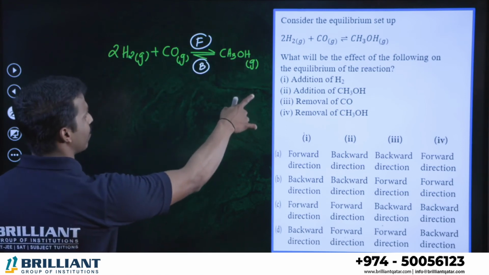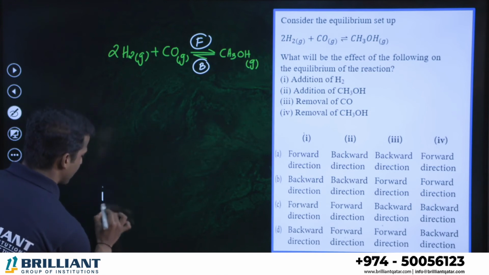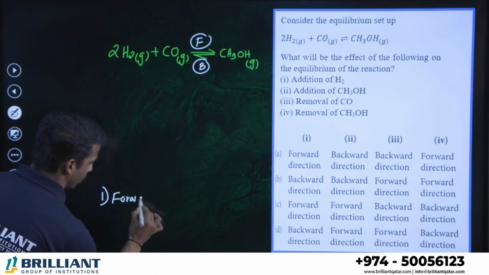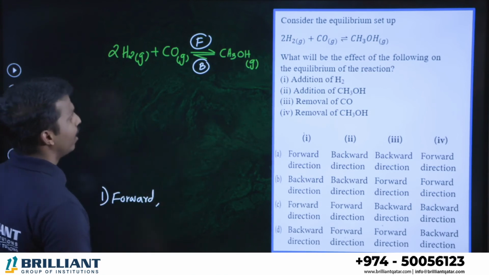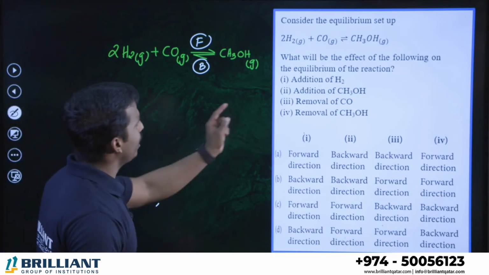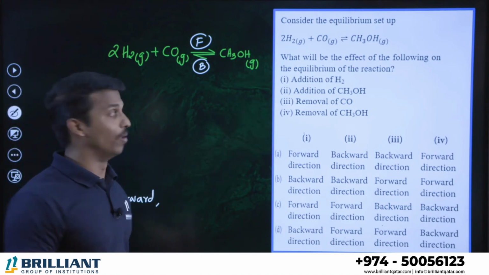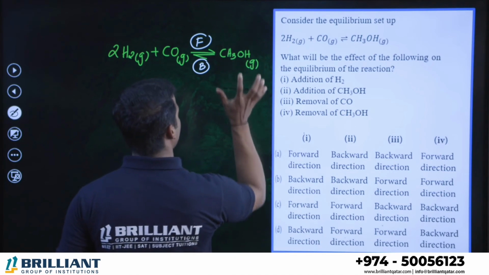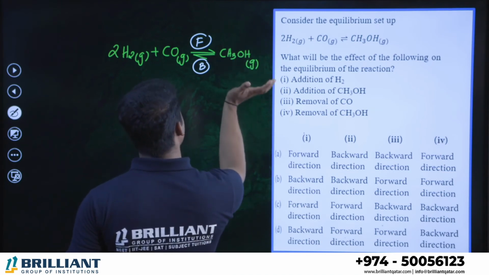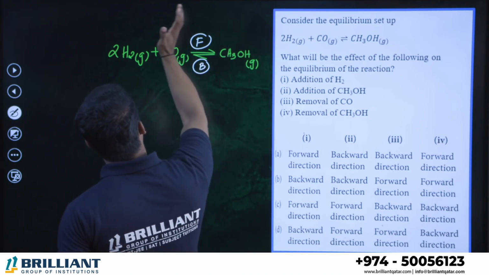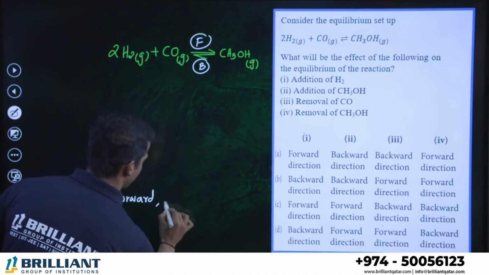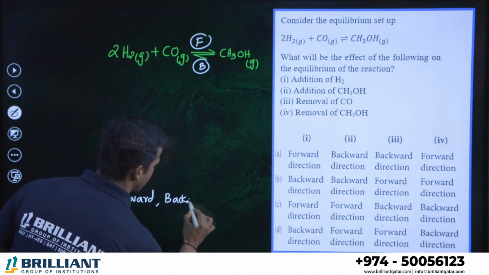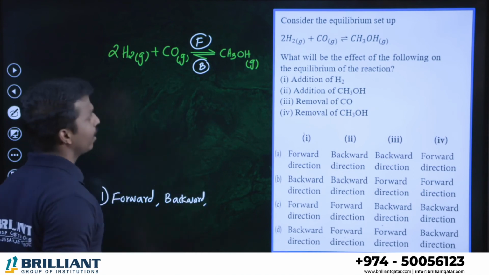So for the first, addition of H2, the answer is forward reaction. What is the second one? Addition of methanol. Where is the methanol? Methanol is on the product side, which means you are increasing the concentration of product. So the reaction shifts towards backward.